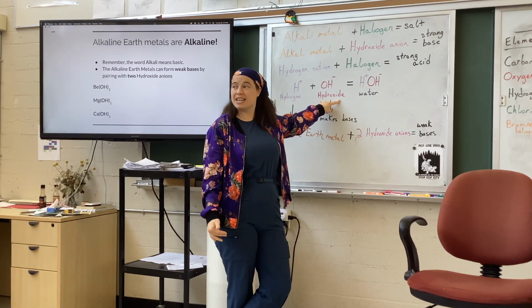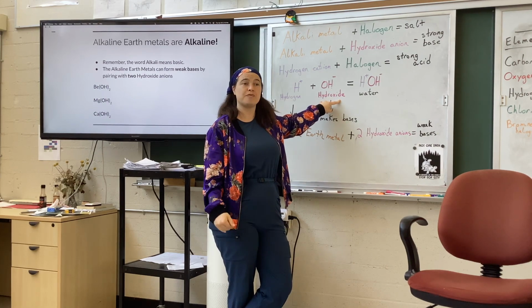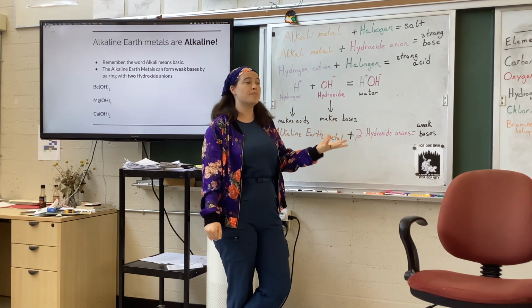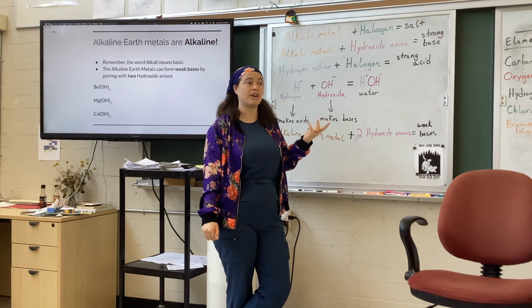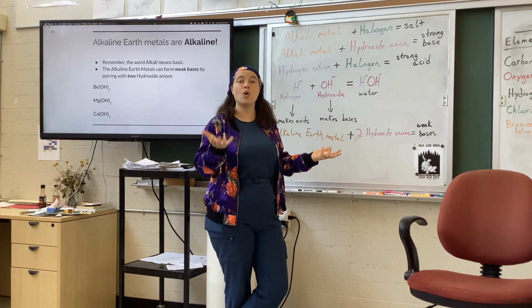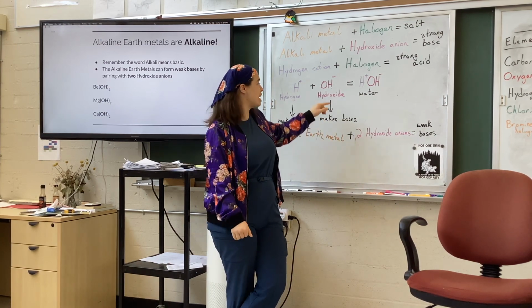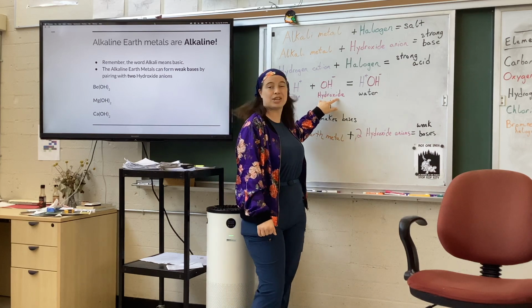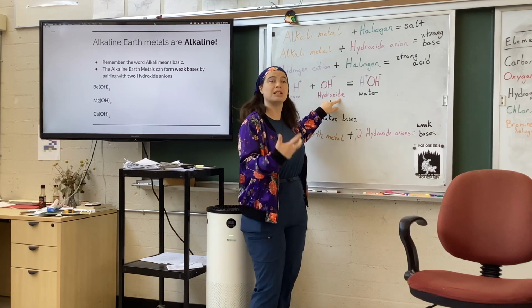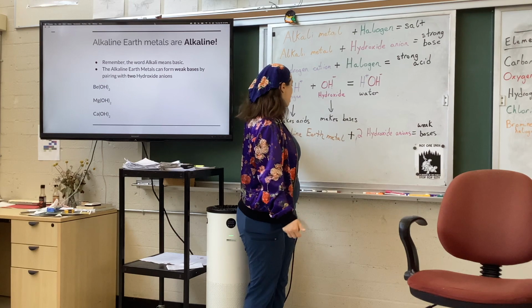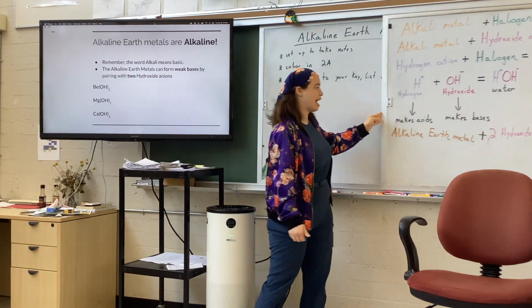But the alkaline earth metals have a charge of +2. So if we have two positives from our cation, we're going to need a total of 2 negatives. And if each of the anions we're using only has a single negative charge, we'll need a pair of them. So let's talk about how we represent that.